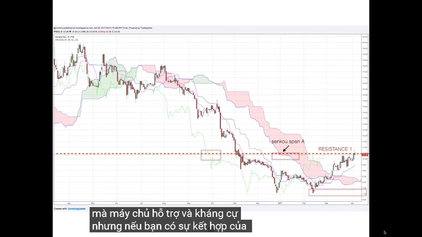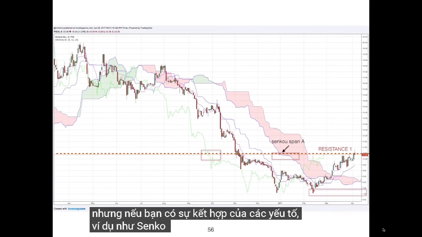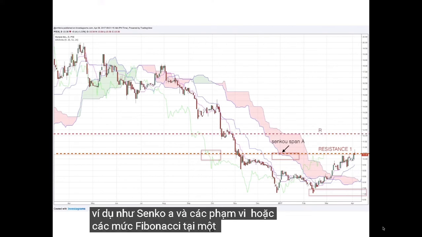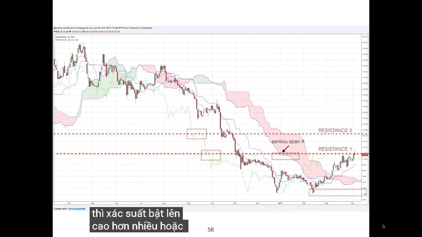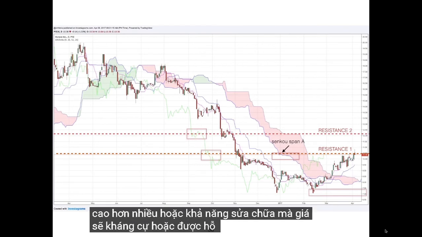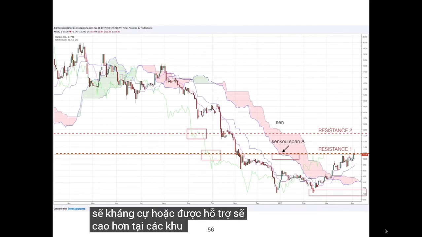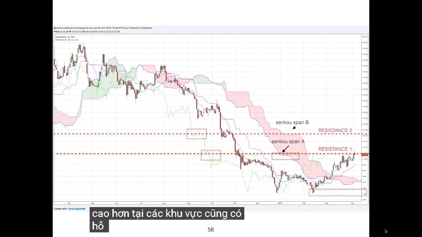But if you have a confluence of factors, for example, the Senkou A and ranges or Fibonacci levels at a certain area, then the probability of a bounce is much higher. Or the probability that price will resist or be supported will be higher at areas where there is also Fibonacci support and resistance.